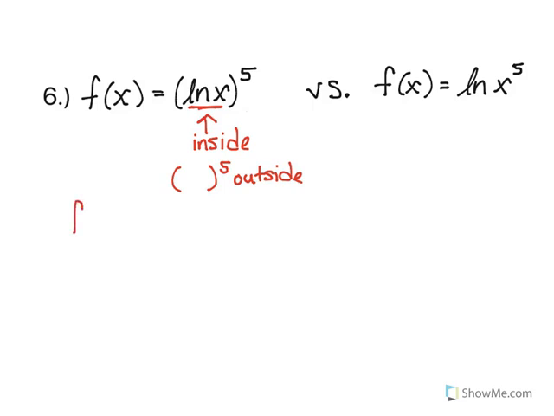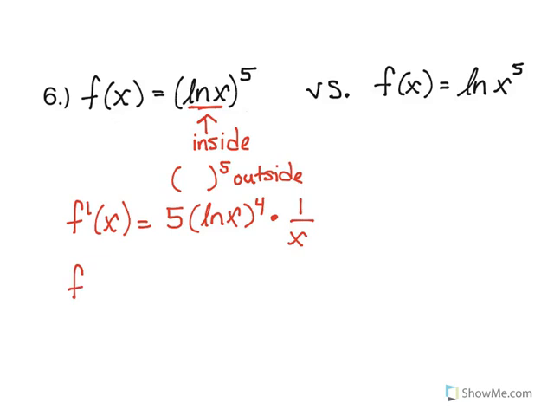So here we're going to have f prime of x is equal to 5 parentheses to the 4th times the inside of the parentheses, which stays ln x, and then the derivative of the inside, the derivative of ln x, is 1 over x.